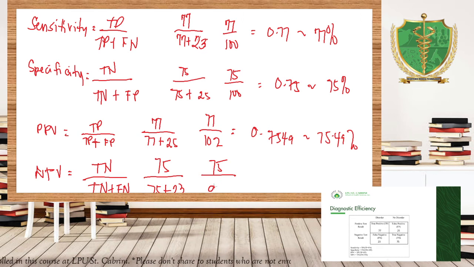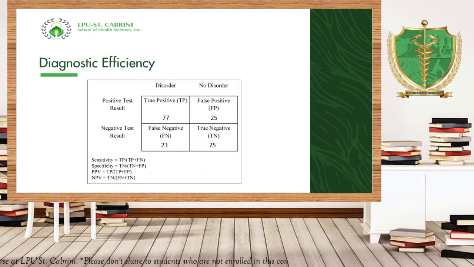I am in a hurry to finish this so that you will not be bothered by the noise of the rooster. So 75 divided by 98 is 0.7653, or simply 76.53%. Okay, so that is what we call the diagnostic efficiency of our test.